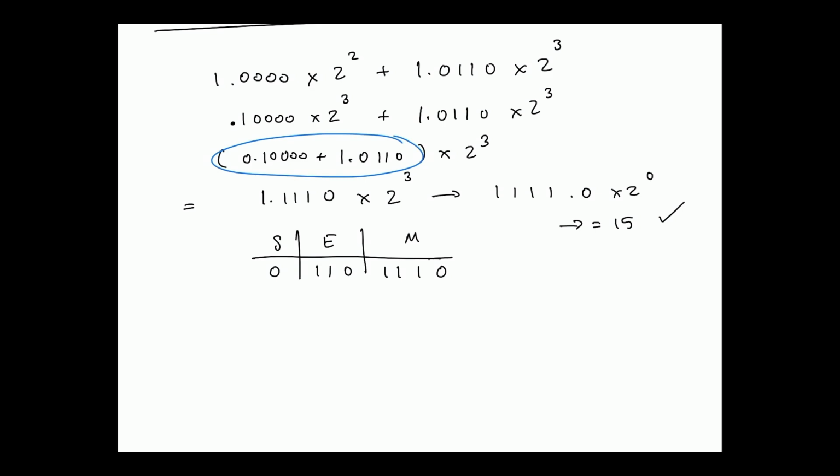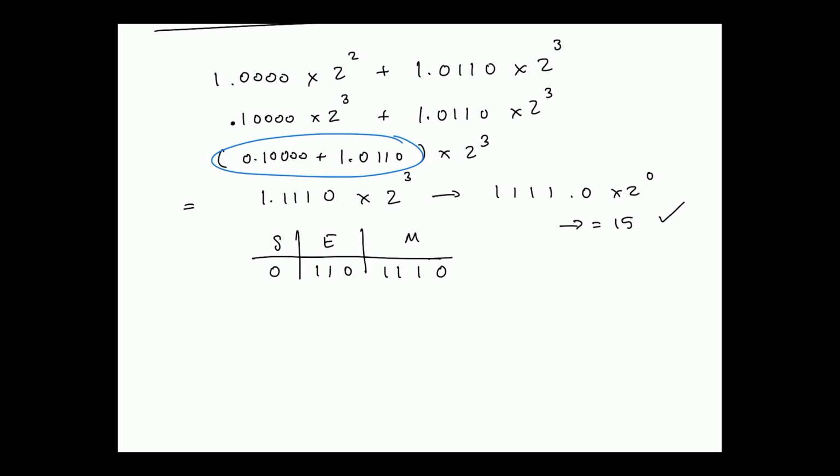So the question is, what would happen if the exponent was a 5? Could I write down a number that had an exponent of a 5? Sure, right? For example, let's just take powers of 2: 2, 4, 8, 16, 32. Let me take the number 32.